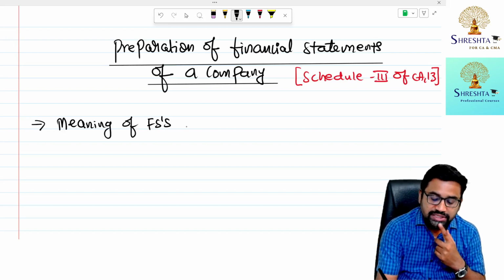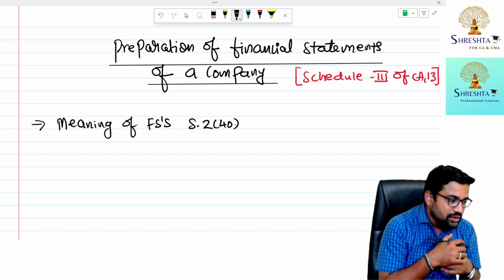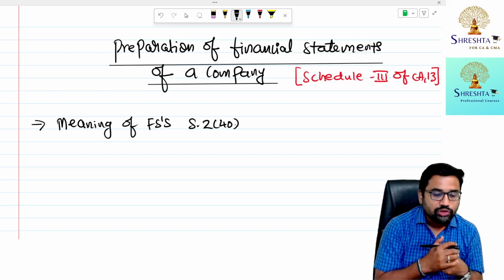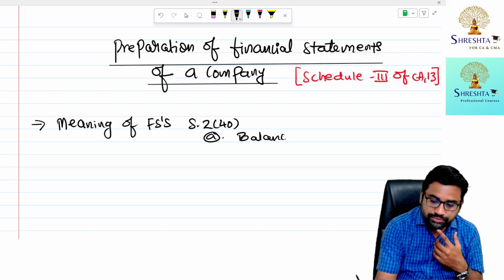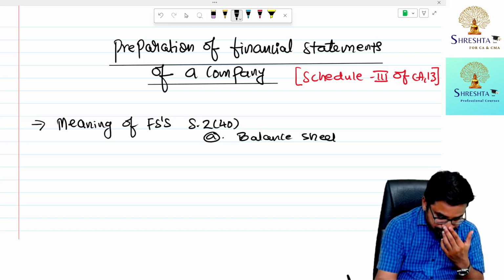As per Section 2 clause 40 of the Companies Act 2013, financial statements include the following. What are the things included in financial statements? Balance sheet is the first one.